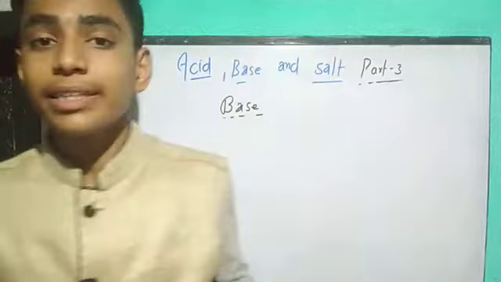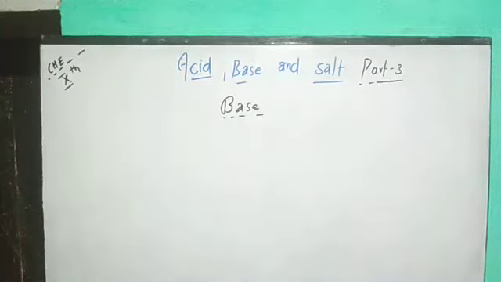How do bases react with metals, and which products do we see when we react metals with a base? Now I'm going to react any metal, it doesn't matter. But the main thing I will tell you is how bases actually react with metal.